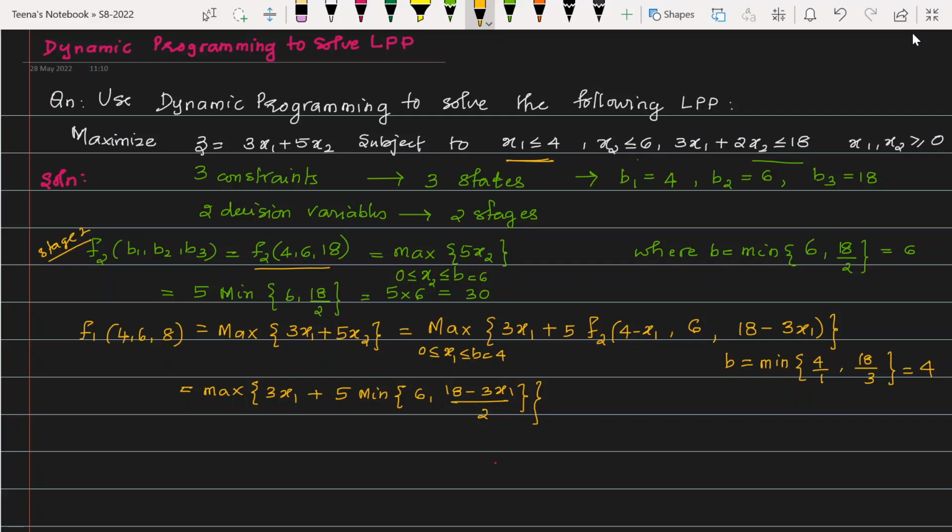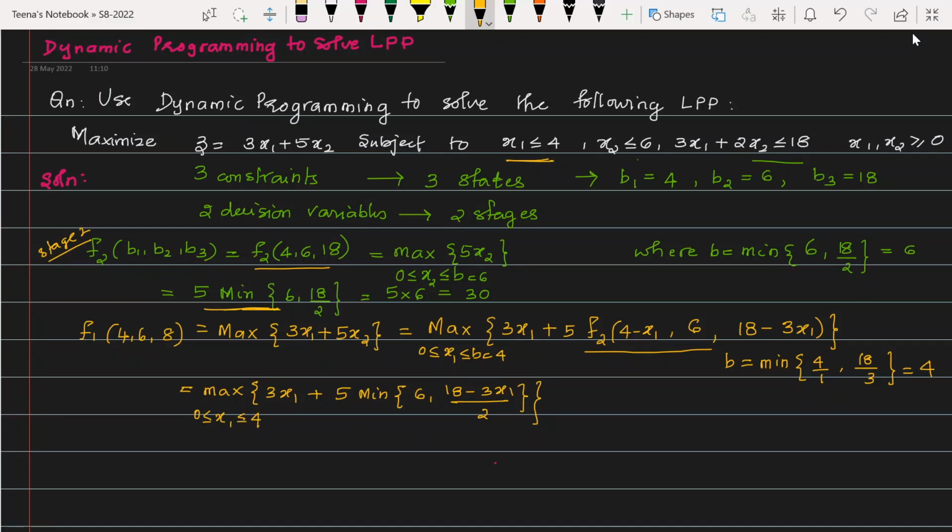So from the stage that we have considered first, we have to modify this 5 into minimum of 6 comma 18 by 2 with reference to the function that we had just now, and we will write it as 5 into minimum of 6 comma 18 minus 3x1 by 2. Okay, so this is how we write f1 4 6 8 now.